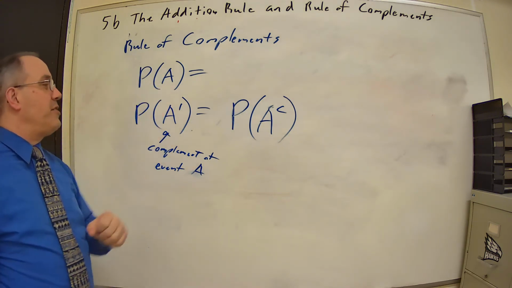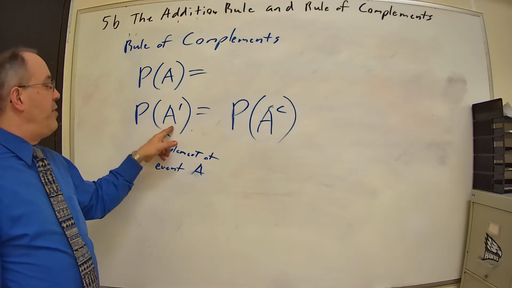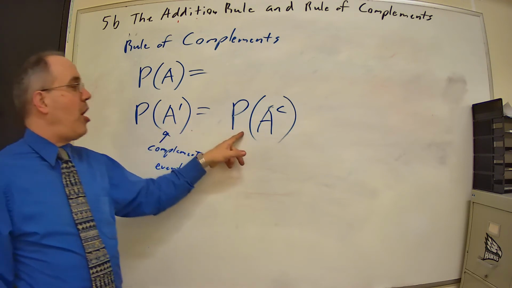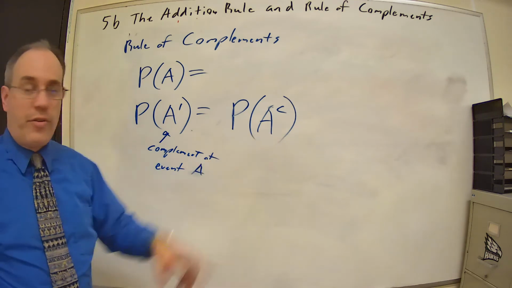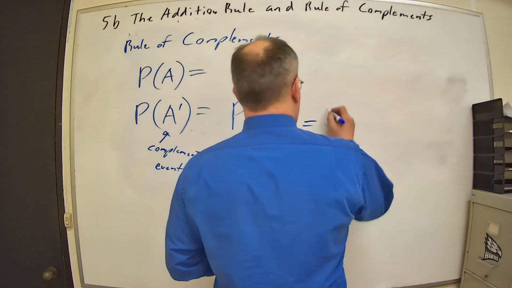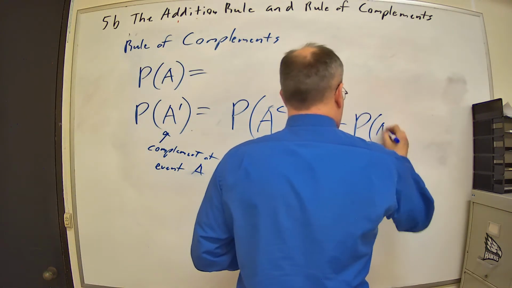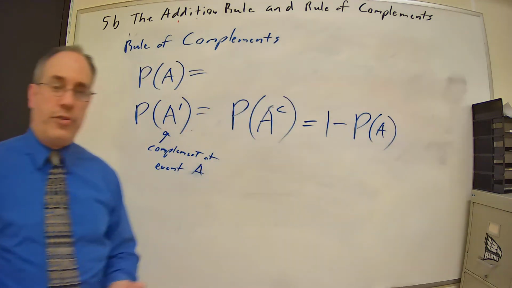It's what A is not. So the probability of the complement of event A occurring is equal to 1 minus the probability that the event itself occurs.